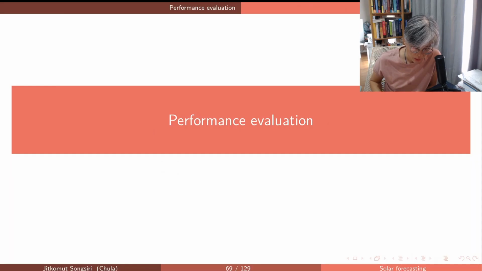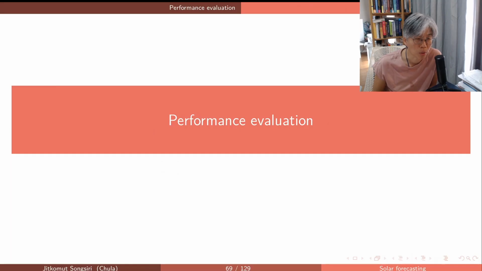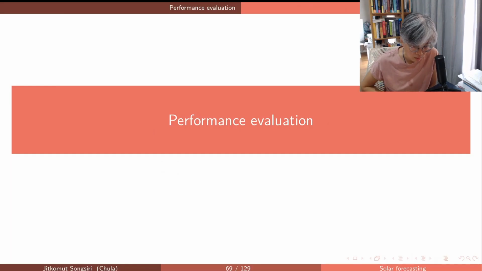I'm Jigamut Songsiri. I have given previous lectures about the forecasting principle, important features in solar forecasting, and some overview of the forecasting techniques that rely on statistical methods like regression, tree-based models in machine learning, and some of the neural network.